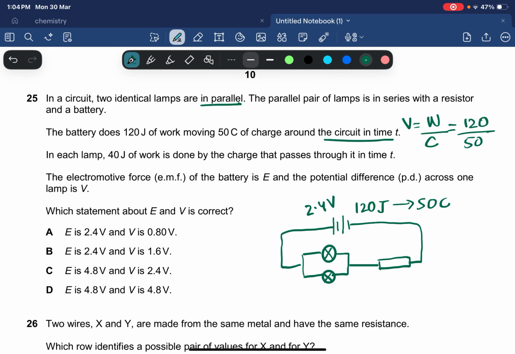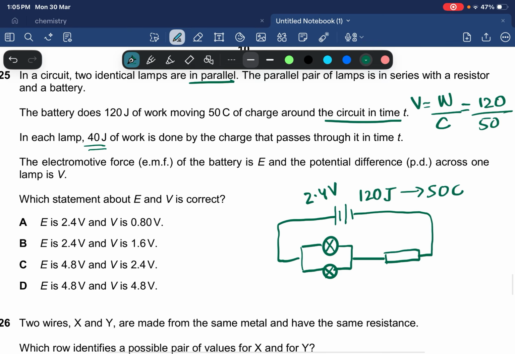In each lamp, 40 joules of work is done by the charge that passes through it in time t. So 40 joules of work is done in each lamp. Okay, 40 joules here, 40 joules here.